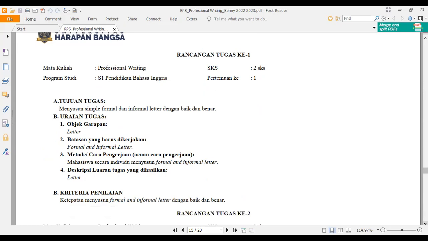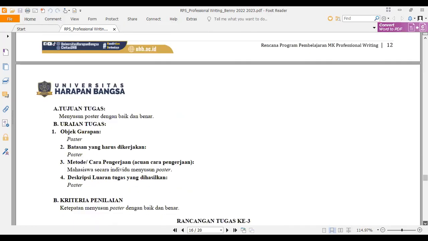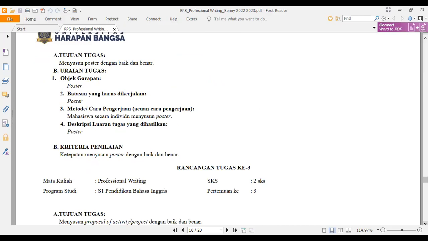The assignment in meeting 1 will talk about how to create a simple, formal, and informal letter very well and very properly. And the criteria of the evaluation is you will create your own formal and informal letter individually and will submit your work in Scalsa. In meeting 2, there will be a poster.